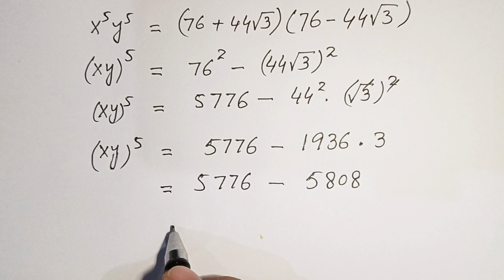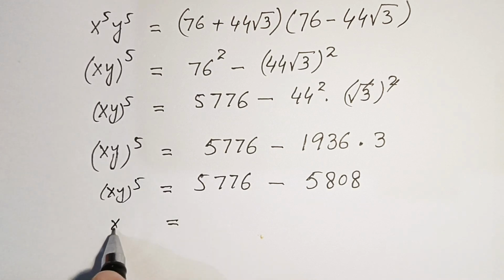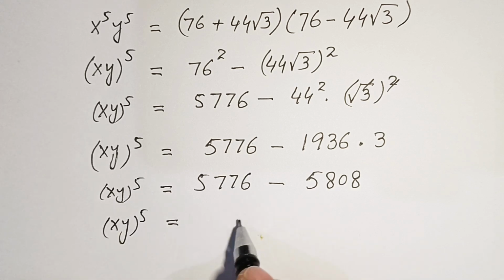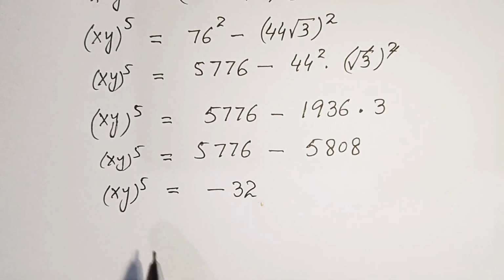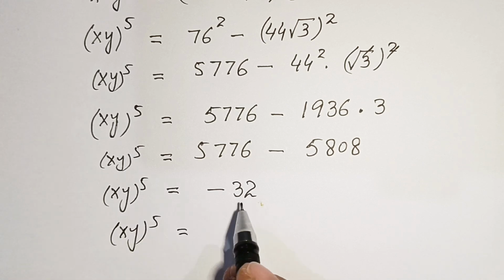Now here we have x times y whole to the power 5 is equal to, when we subtract, we get minus 32. Now x times y whole to the power 5 is equal to minus 32 can also be written as minus 2 to the power 5.